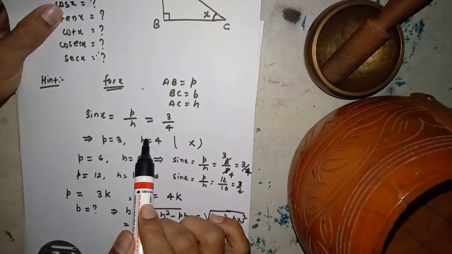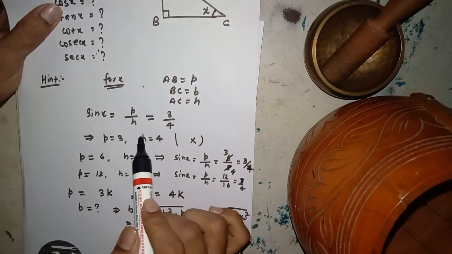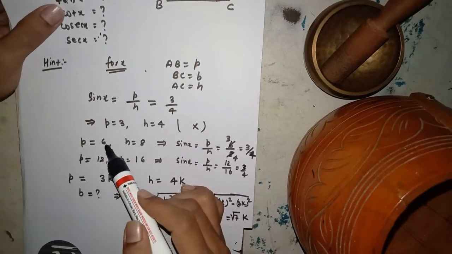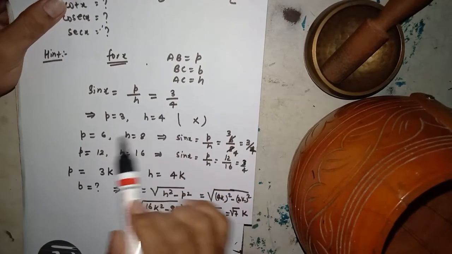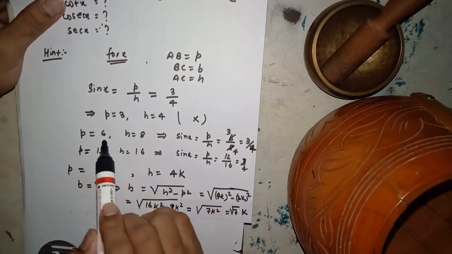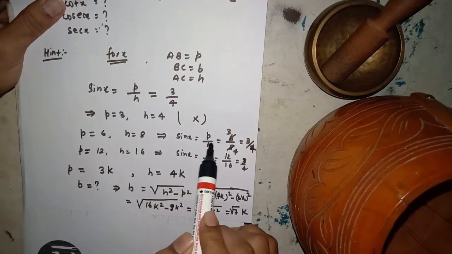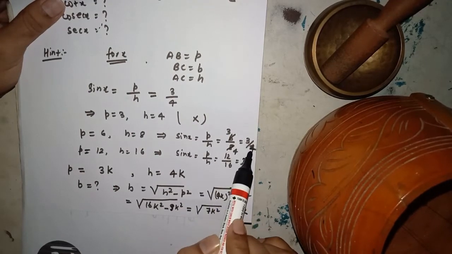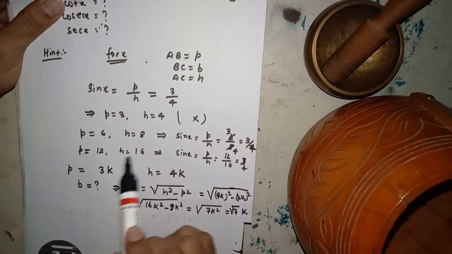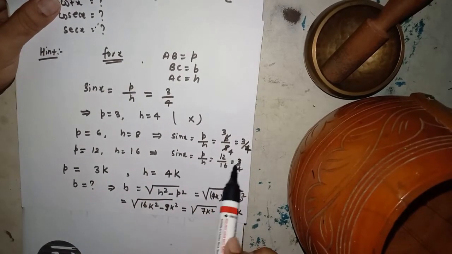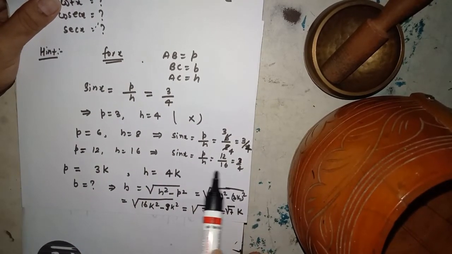Are you getting my point? And if you don't understand it, I am giving you how it conveys the concept. If you take P equal to 6, H equal to 8, then P by H also becomes 3 by 4. If you take P equal to 12, H equal to 16, you also get 3 by 4.